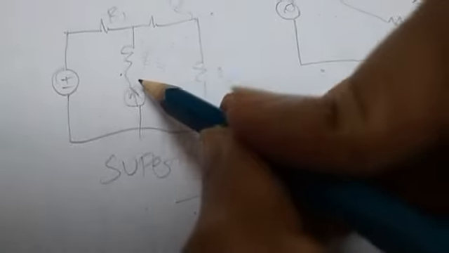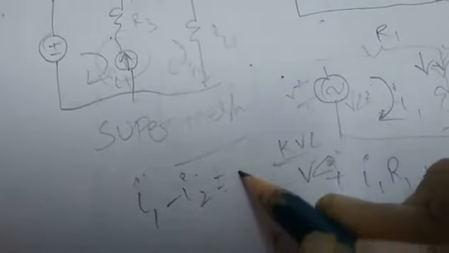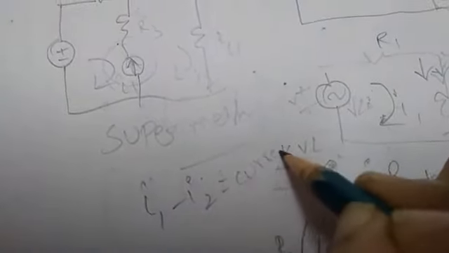The analysis of this super mesh is nothing different. Whatever the current difference, if I am assuming it as I1 and I2, I just assume the difference of the current will be equal to the magnitude of our current source.